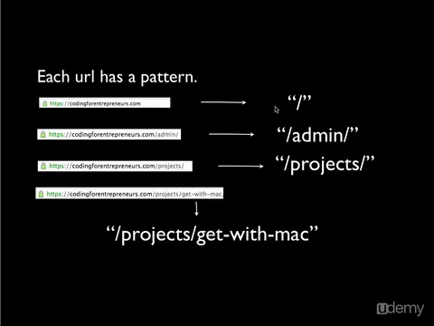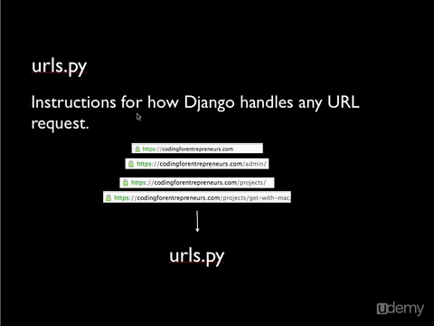These are the patterns that are associated with what we see here. Projects goes to that, projects/get with Mac goes with that. That's how those patterns work. Django understands that this URL and its associated pattern probably means something. So those things go to a file called urls.py.